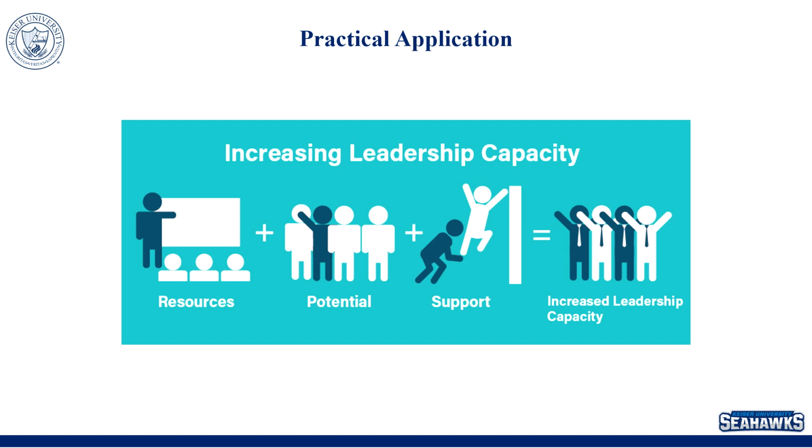So if resources has a high effect, potential is not significant, but support, again, is significant, let's say with maybe a low effect, well then you can perhaps make a decision that it's most important to increase the resources first, because then that will, according to the study, increase leadership capacity, but then also secondarily focus on support mechanisms. I hope that helps you better understand correlation analysis.